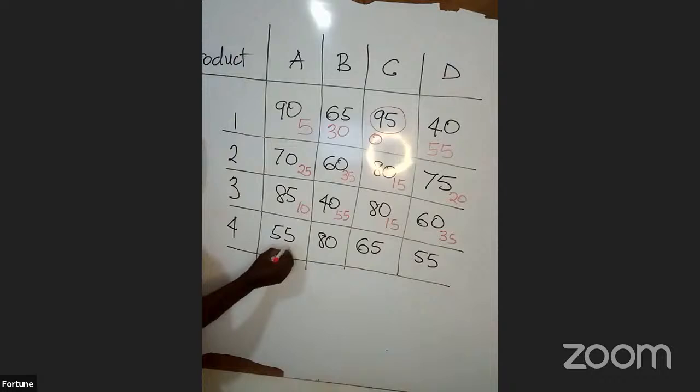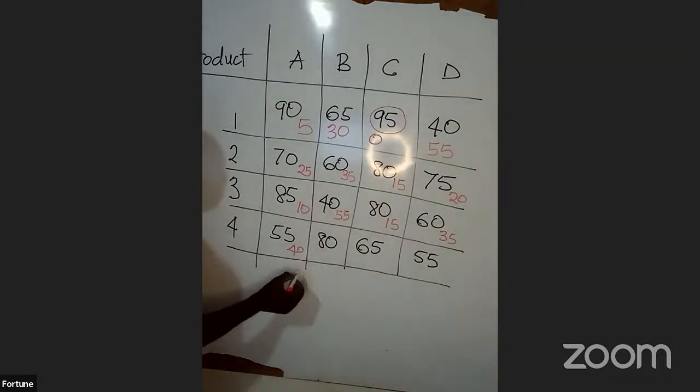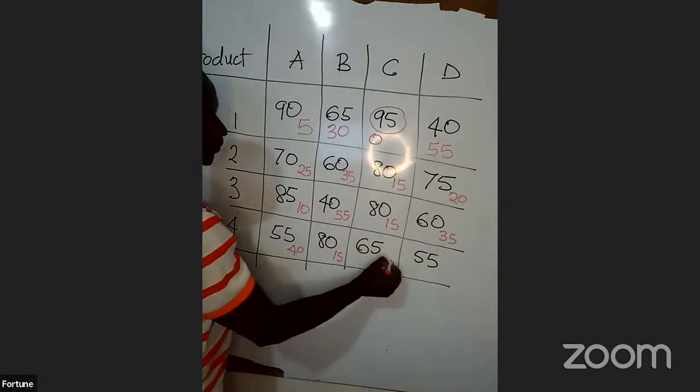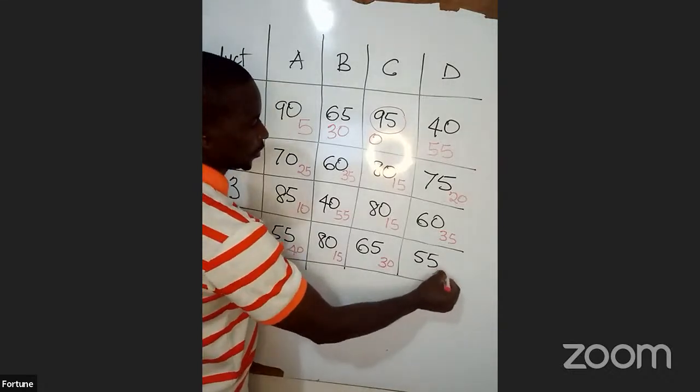Then 95 minus 55 is 40. And 95 minus 80 is the same as this, 15. 95 minus 65 is 30. 95 minus 55 is 40.